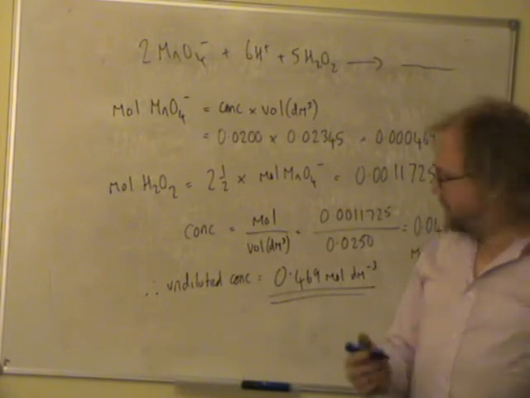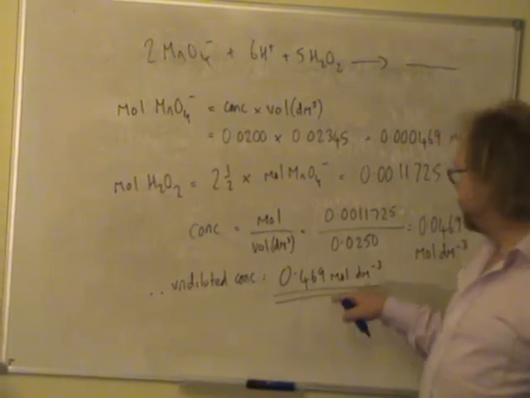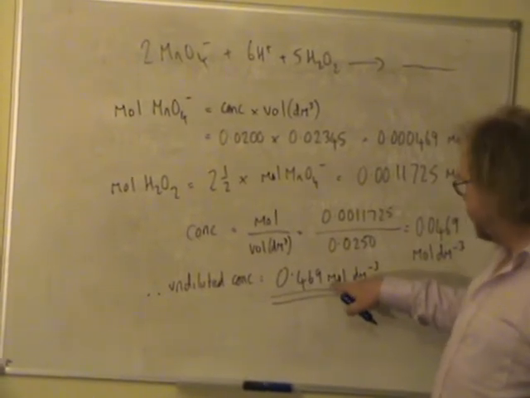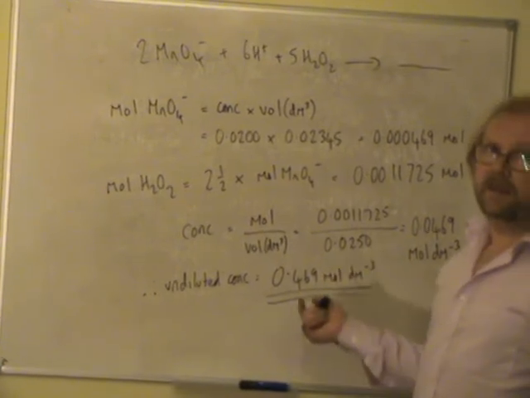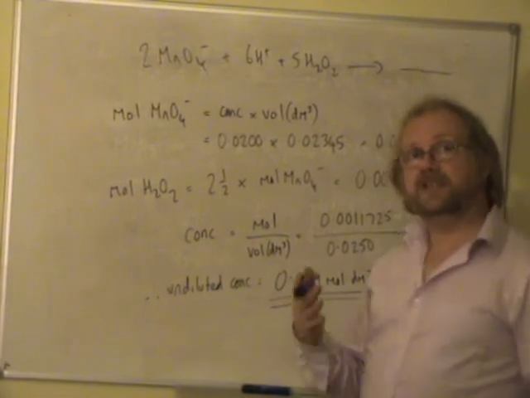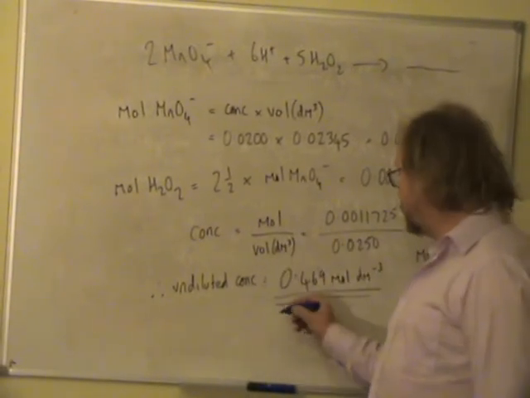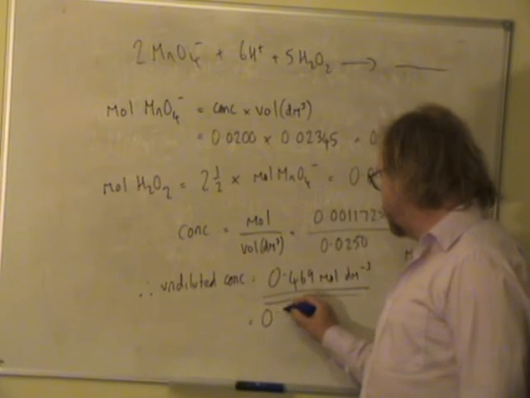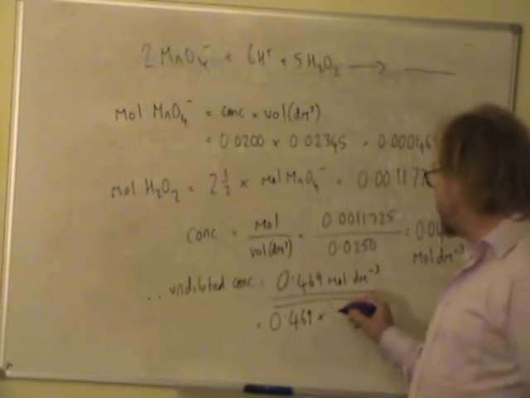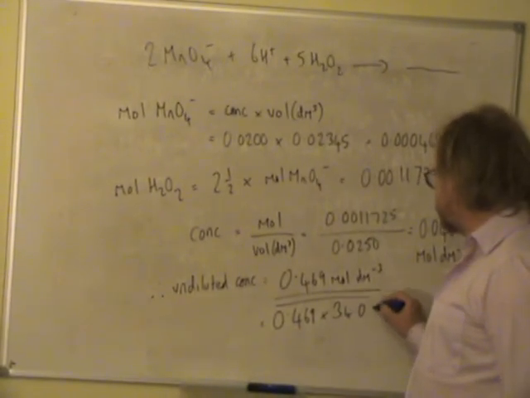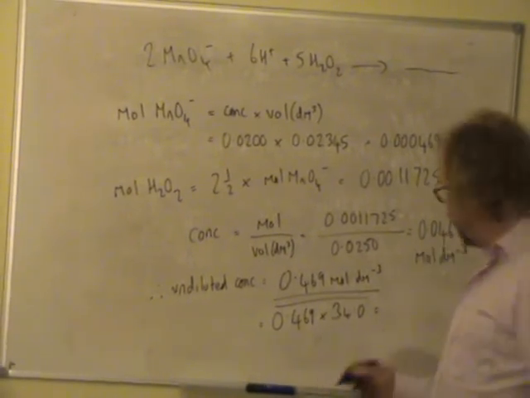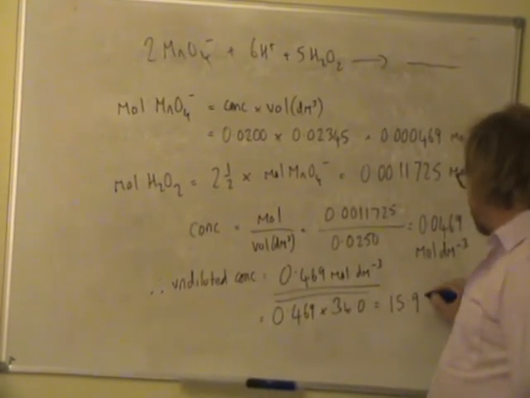And we've now just got to change that into grams per dm cubed. So to do that, you just got to think, well, that's the number of moles dissolved in 1 dm cubed. If I turn that into grams, it'll be in grams per dm cubed. And of course you know how to turn moles into grams, which is moles equals mass over Mr. So we just multiply by the Mr, and that's 0.469 times the Mr of hydrogen peroxide, which is 34.0, comes to 15.9 grams per dm cubed.